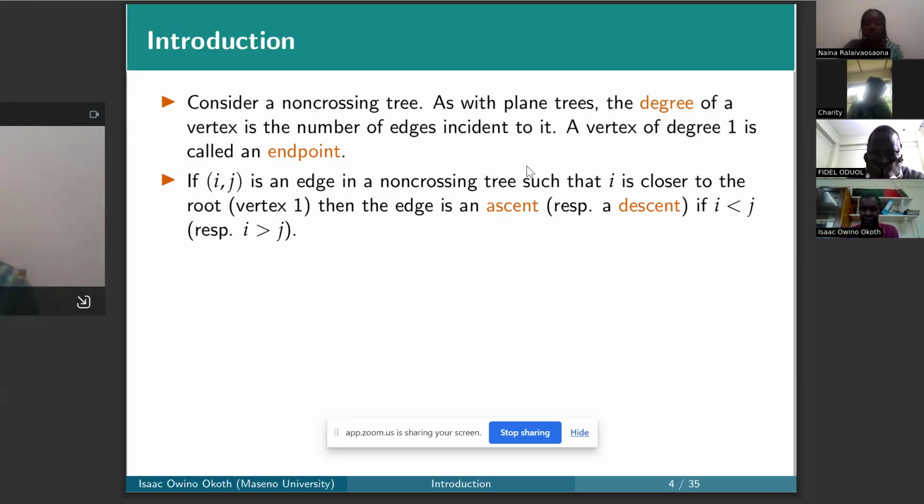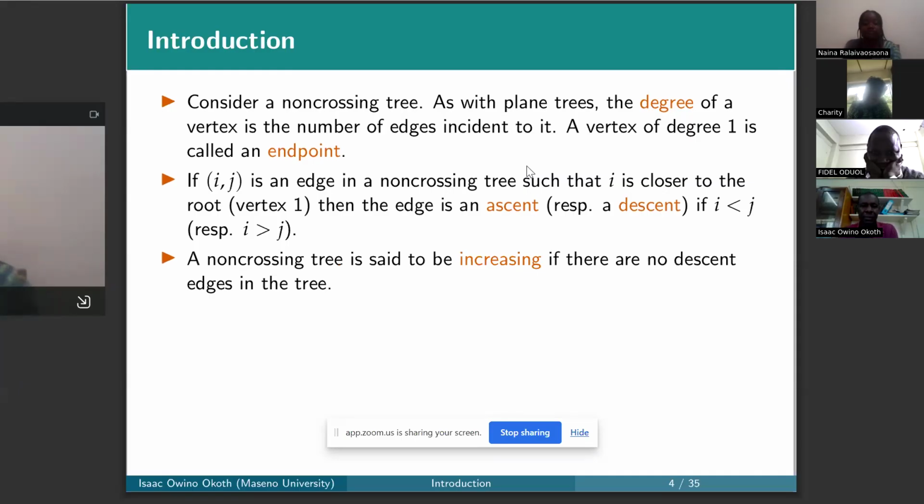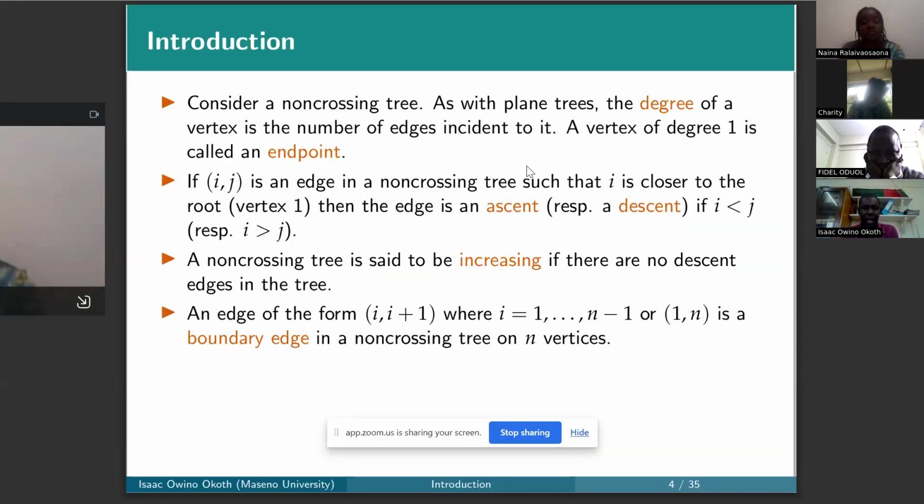Otherwise, it is a descent. A non-crossing tree is said to be increasing if there are no descents in the tree. And the boundary edges are the edges of the form i, i plus 1, or 1 n.